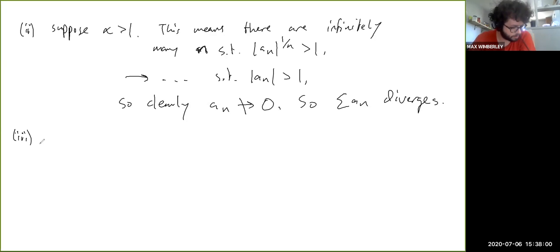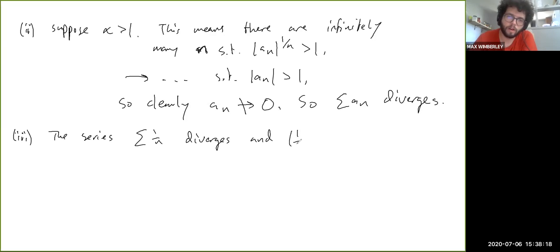So in this case, the most common examples of this are something like the series 1 over n, which diverges, and 1 over n raised to the 1 over n power approaches 1, as we've seen, because n raised to the 1 over n power we know approaches 1, right?